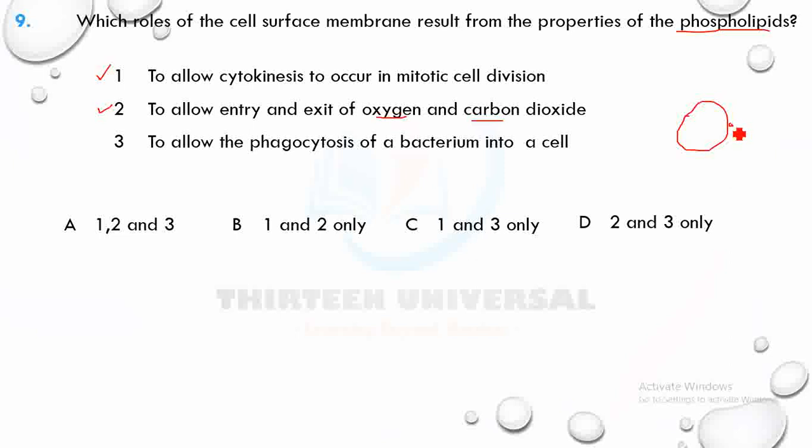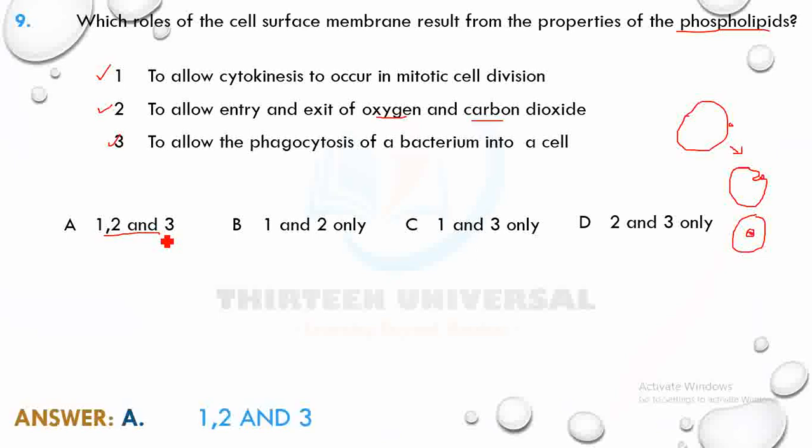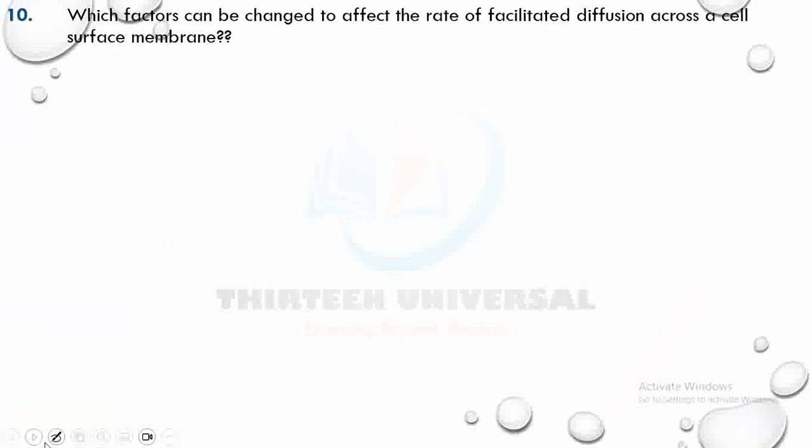That is possible because phospholipid is flexible, so it will fold inwards and form a vesicle. So it pinches inwards to form a vesicle and allow the molecule to move inside. So that means that 3 is also correct. So all of them are correct. They are the roles of phospholipids. Is that okay? Let's go to the next question quickly.